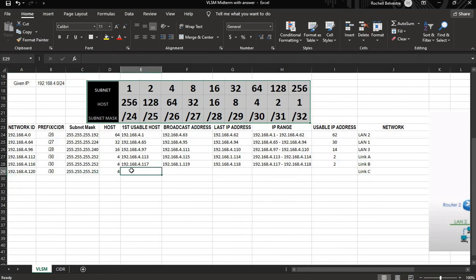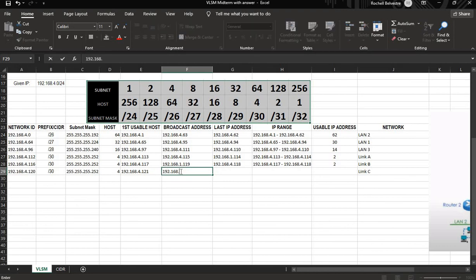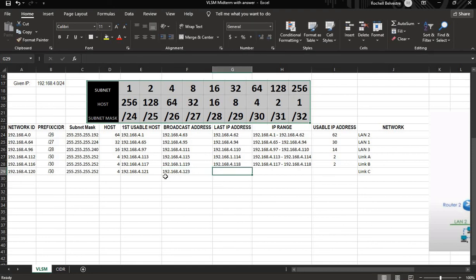The first usable host is 192.168.4.121. For the broadcast address, since 120 plus 4 equals 124, this should become 192.168.4.123, because the broadcast address equals the network ID minus 1.